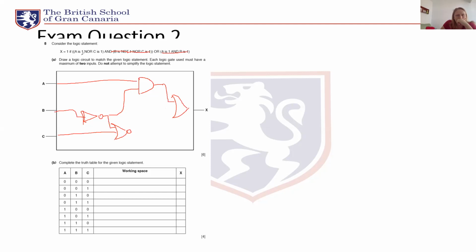So A is also a NOR and C is a 1. Okay, so I might have to change that maybe, but first of all I'll draw my NOR gate. NAND, no, NOR, yes, NOR. Okay, there we go. So we've got our junction in there. Apologise for the line going through. And C, so we've got a junction going from C over here.